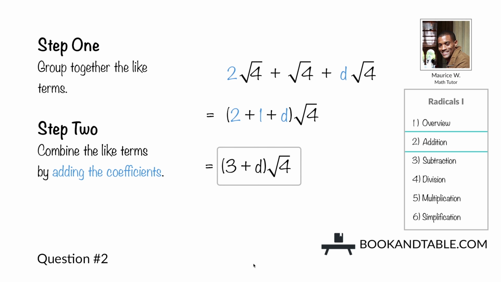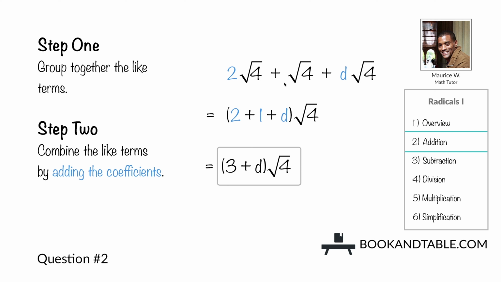Question number 2, step 1, group together the like terms. In this question, again, each of the radicands are the same, 4, so we've already grouped them together. Step 2, combine the like terms by adding the coefficients. The coefficient to our first term is +2. The coefficient to our second term is 1.